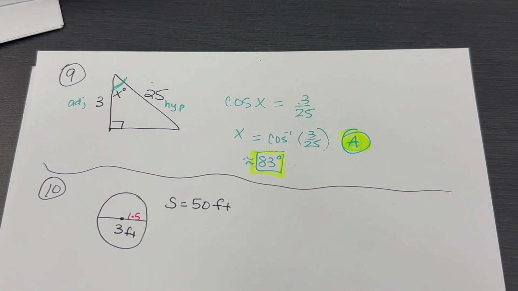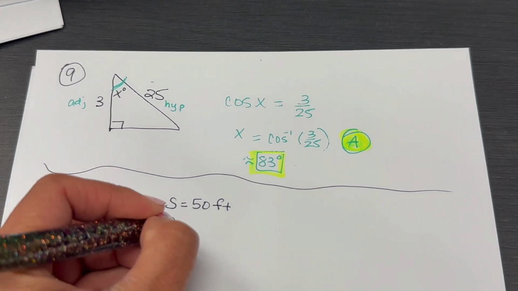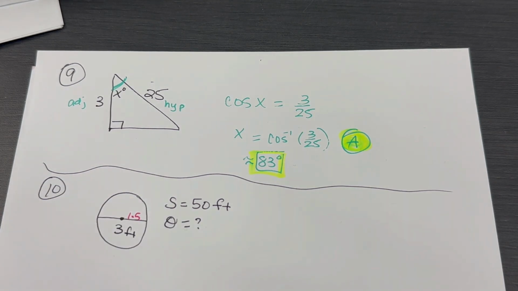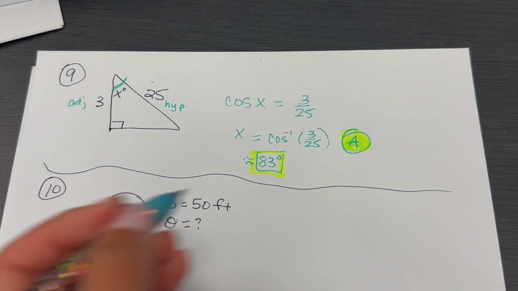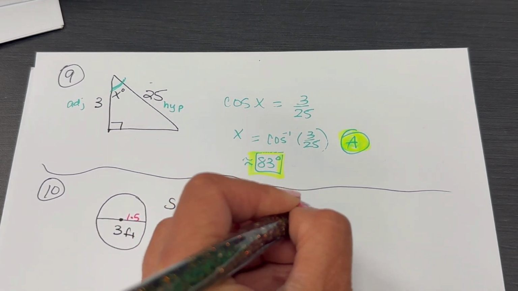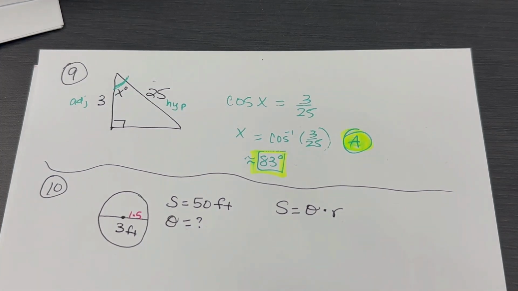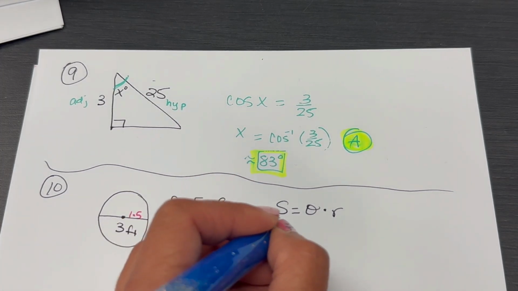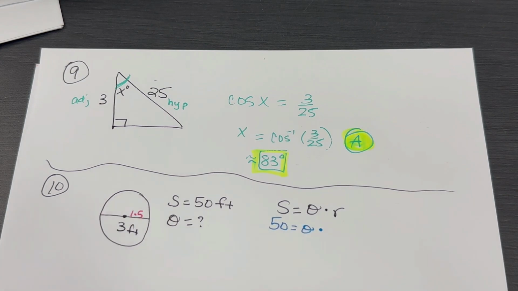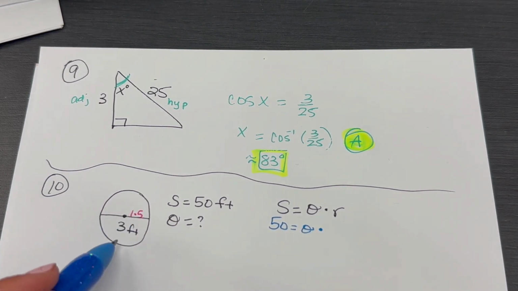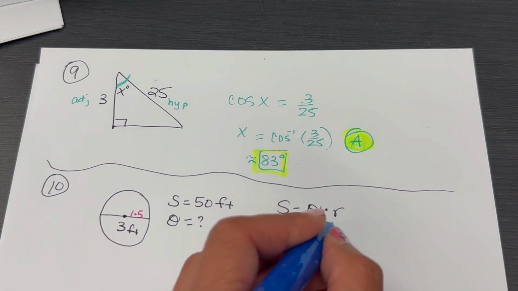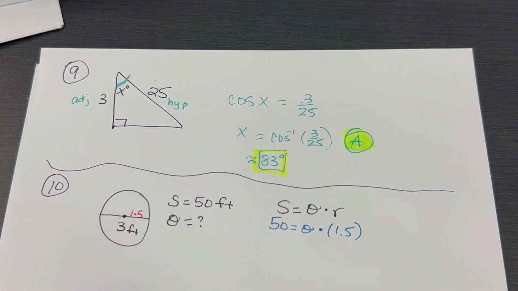Now it says, what is the angle? We're looking for theta, in radians, that the wheel turned in rolling that distance, rounded to the nearest whole number. So the arc length formula is S equals theta times R. We have S, so we plug that in: 50 equals theta times R. They gave us the radius in a hidden way. They gave us a diameter, which means the radius is half of that, so we multiply by 1.5.